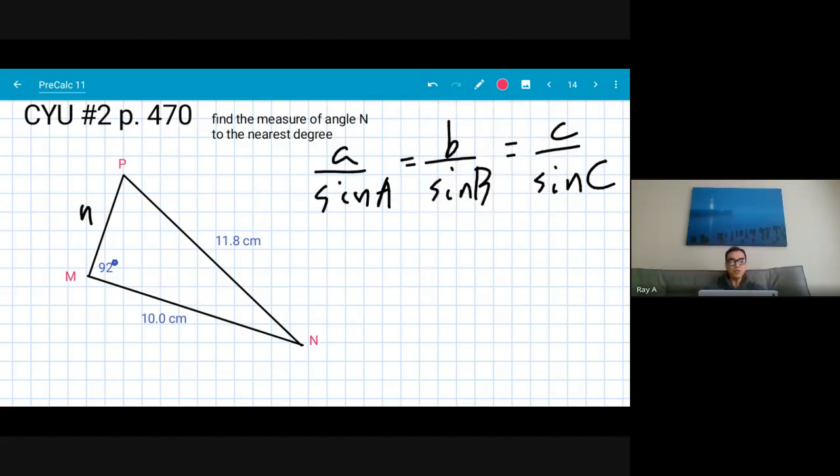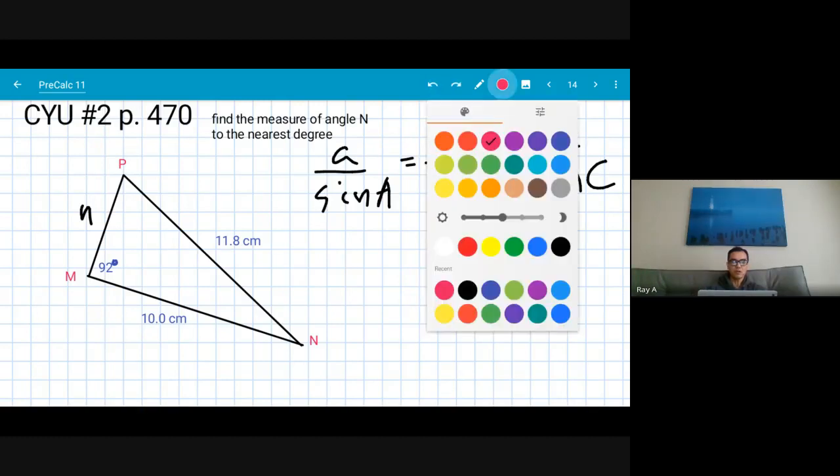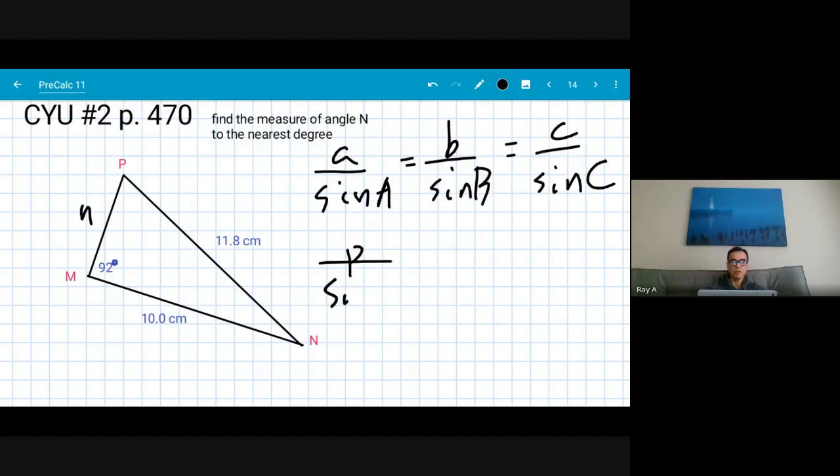If it was P that I'm going to be using, then little p over sine of capital P is equal to, by the way, this is little m, m over sine of capital M. Let's plug in the values.